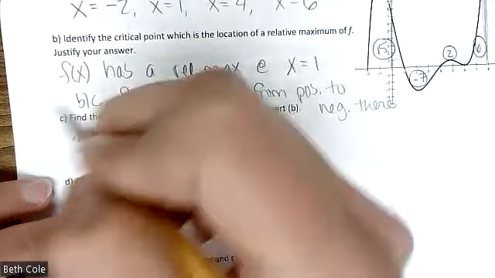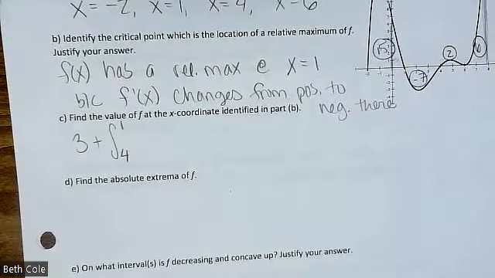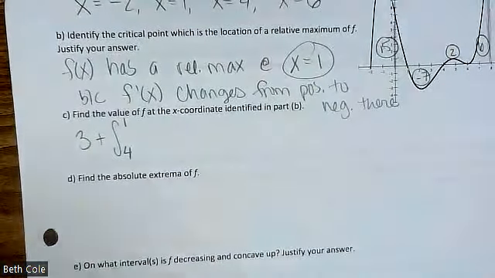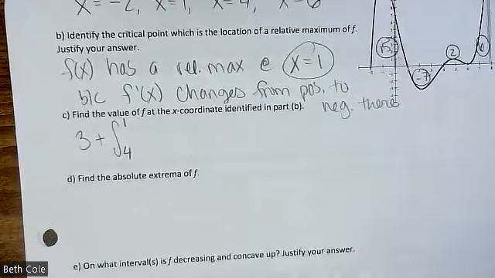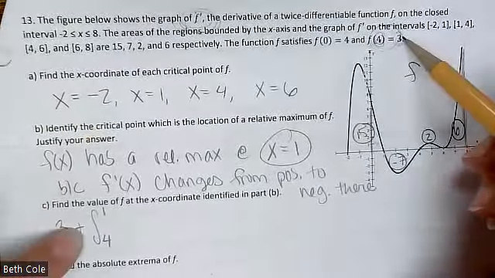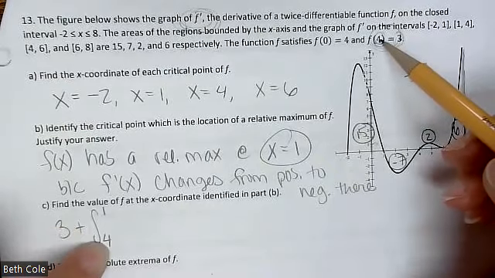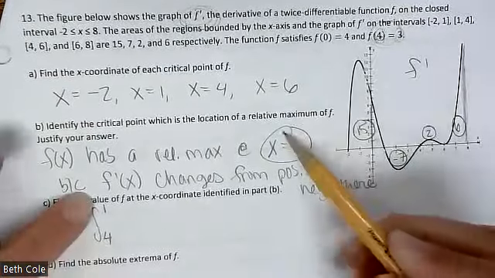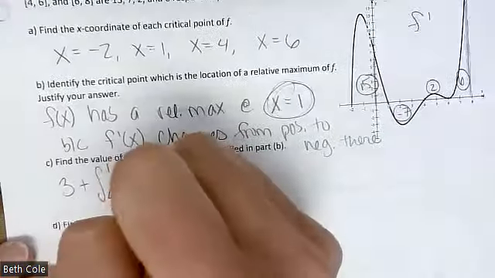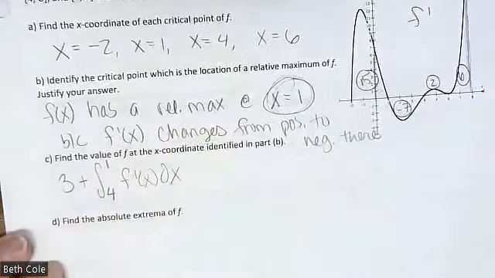Why is it 1? It says the x value that you found in part B, which we found was 1. I need to recap that. Can you all just stop and watch me point to that? Do you see how it was 3 plus, and how that was 4? It's 4, and the reason it's 1 is because it said to use the number from part B. Okay, f prime of x dx.